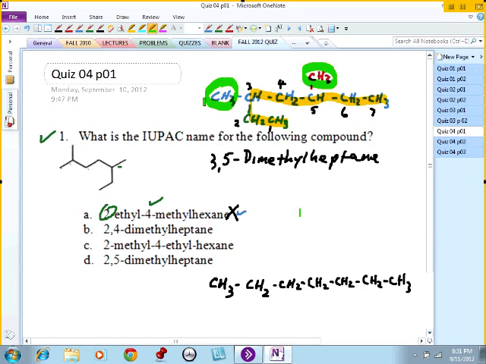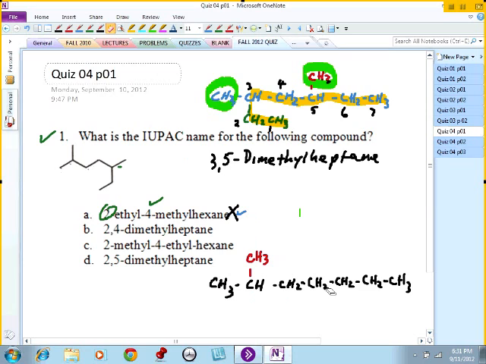Okay. So you have 7 here. Therefore, we have 2 for dimethyl. If we say this is carbon number 1, then there must be a methyl group in the 2 position. And if we say this is 1, 2, 3, therefore this must be carbon number 4.